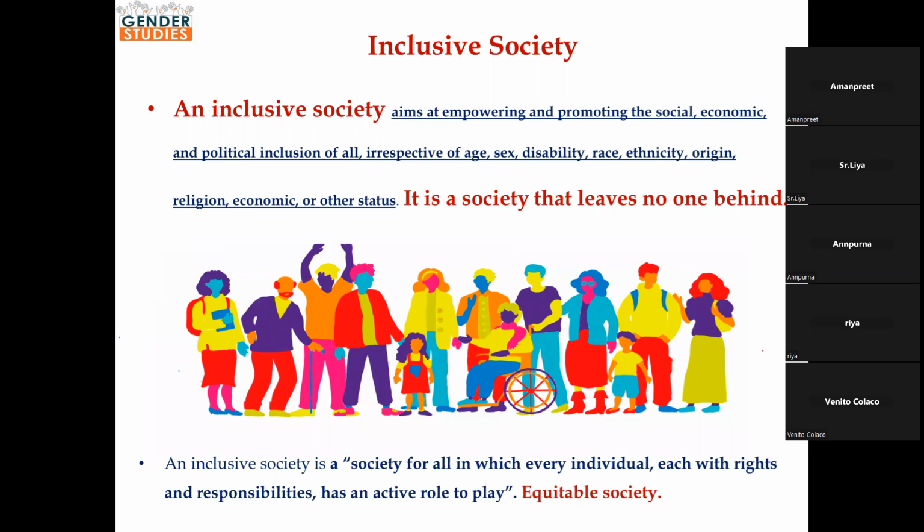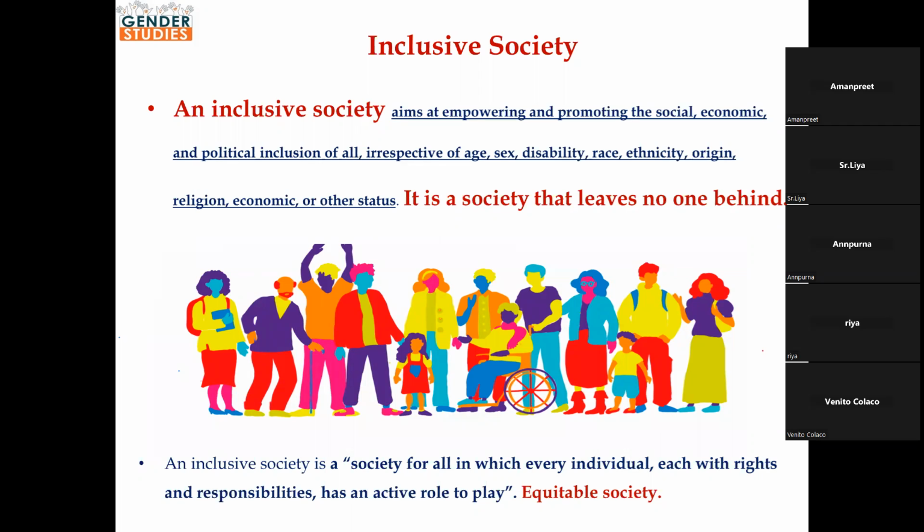So gender studies means where we talk about every person, irrespective of male, female, disabled person, marginalized society persons, they should be treated equally or equitably, right? And an inclusive society is a society for all in which every individual, each with rights and responsibilities, has an active role to play.